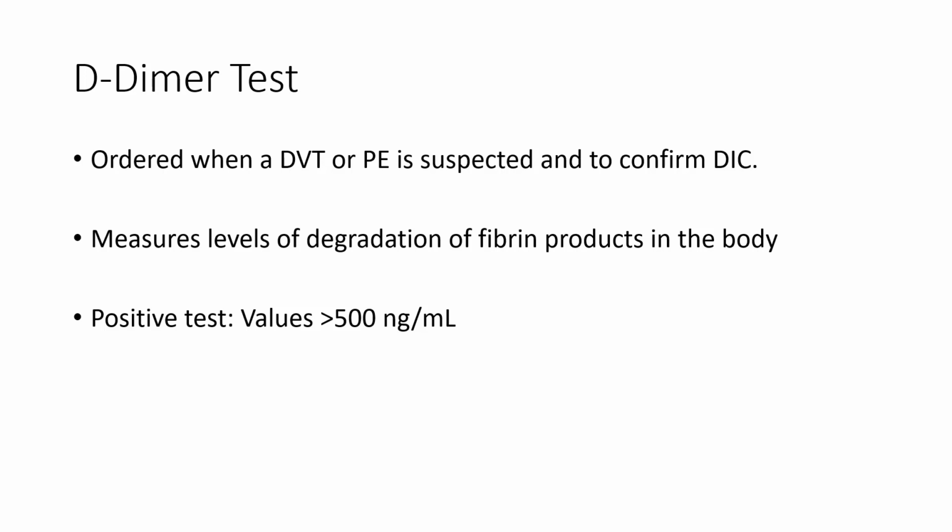It will be elevated, right, when a clot or thrombus is present, or a PE. And it's also used to confirm the diagnosis of DIC. So someone's got really low factors in their blood, or really high coagulability tests, but a really high D-dimer makes us think maybe this DIC is present.